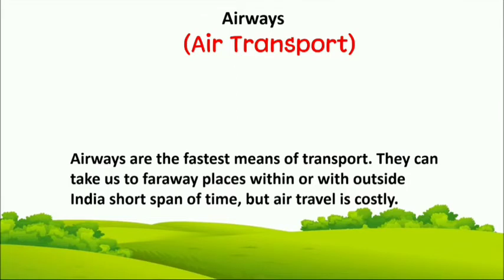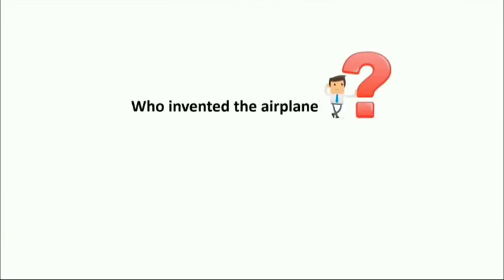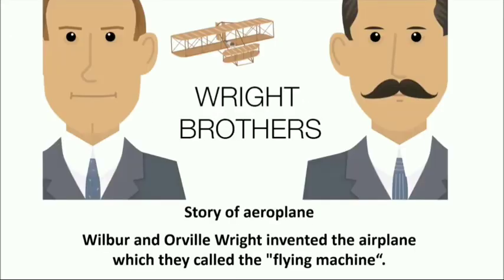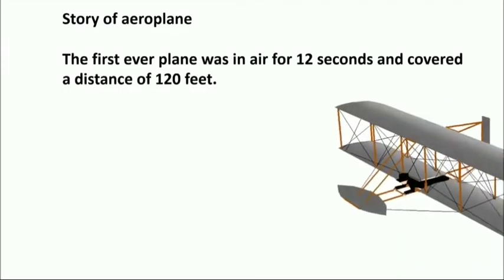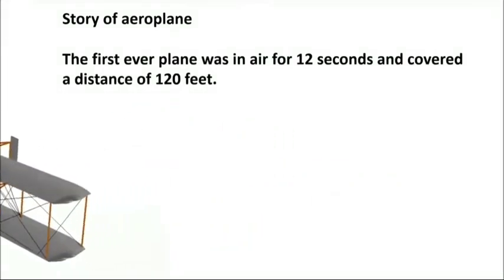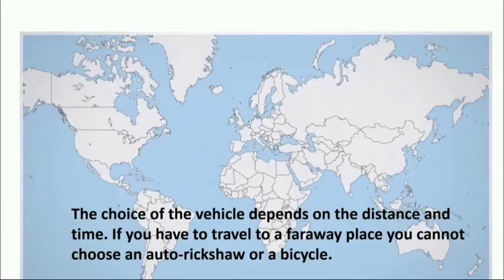But air travel is costly. Who invented the airplane? Wilbur and Orville Wright invented the airplane, which they called the flying machine. The first ever plane was in the air for 12 seconds and covered a distance of 120 feet.